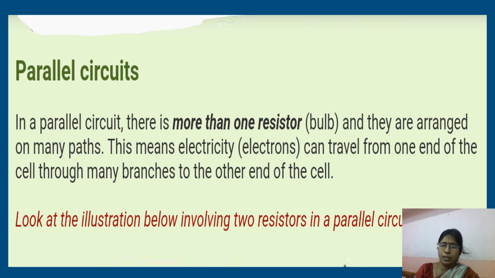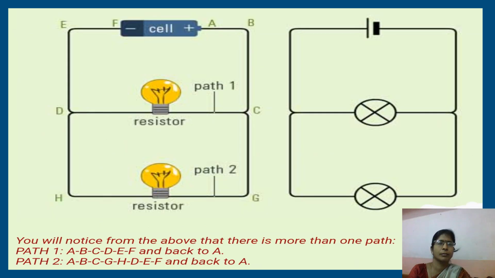Now look at the illustration which is coming up now. Here in the figure you can see that two resistors are connected to a battery, and the current flow in this circuit starts from point A, B, C, D through E and to F. So this is the first path through which current can flow. Next, what is the second path?